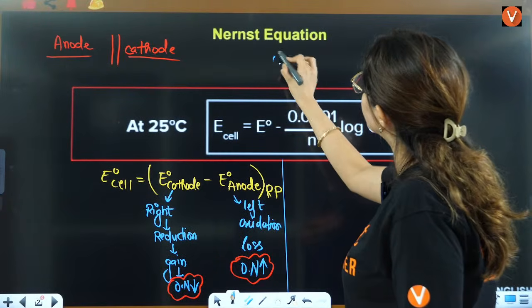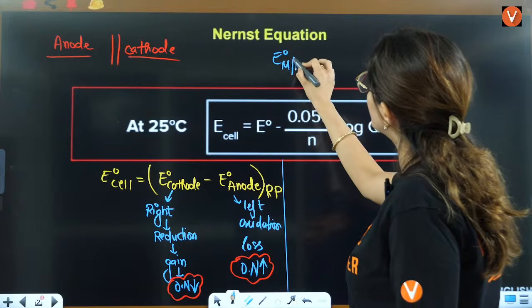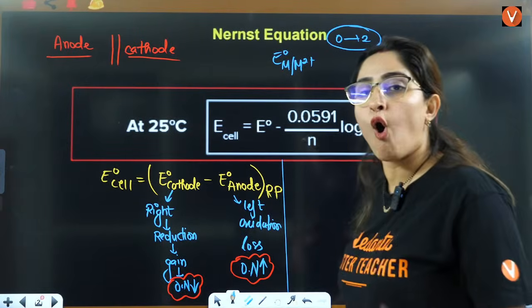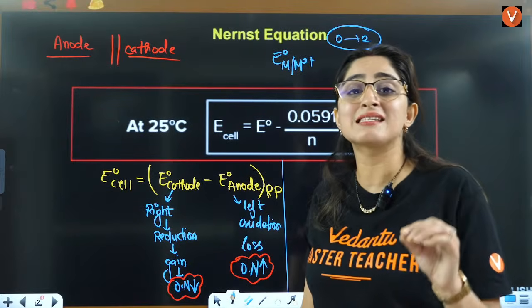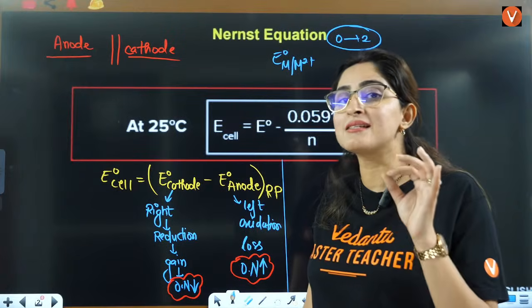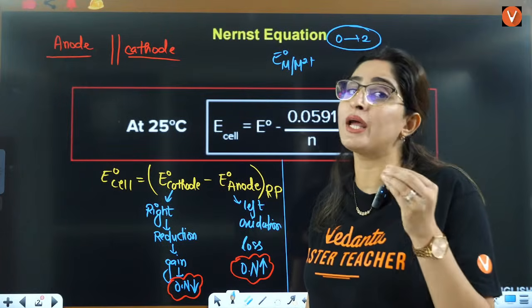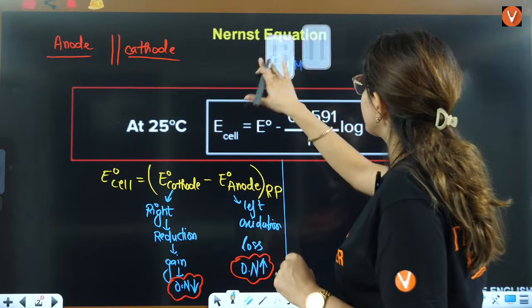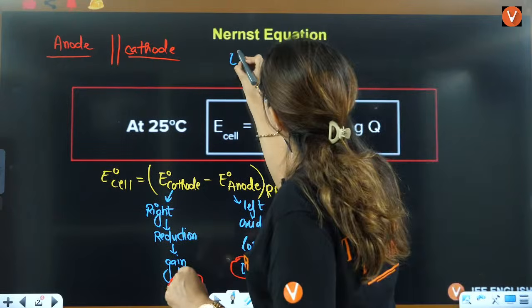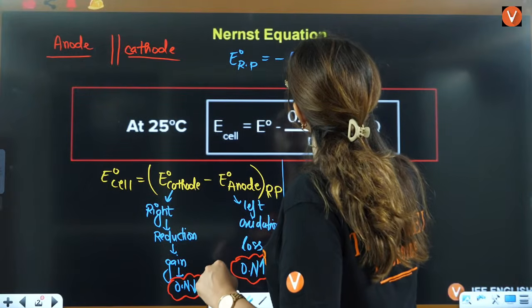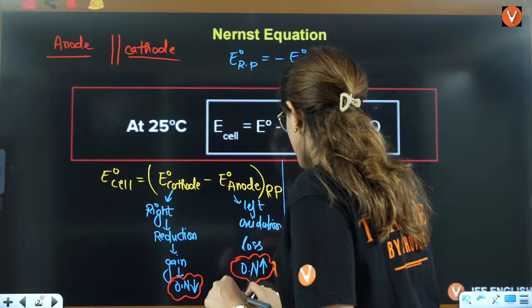If they have written E naught of M to M2 positive, that is from 0 to +2. Here the oxidation number is increasing. When the oxidation number is increasing, we can say that we are talking about oxidation here. So always remember that E naught of reduction potential is equal to minus E naught of oxidation potential.